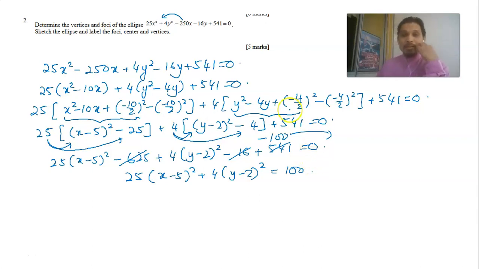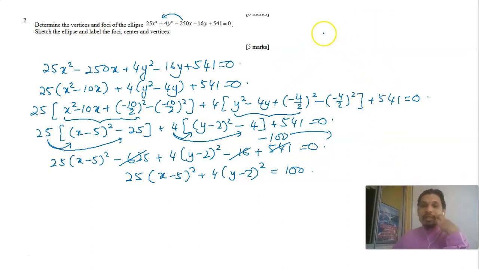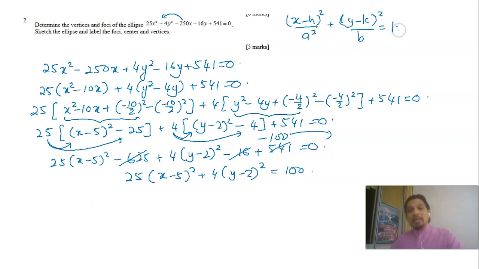Okay, so class, equation of an ellipse. Still remember then? It is (x minus h) squared divided by a squared plus (y minus k) squared divided by b squared equal to 1. Class, there are two versions of the equation of an ellipse. If you refer to some reference books, a and b can change position based on the highest value of the denominator.